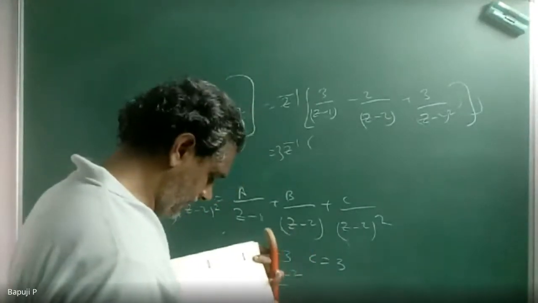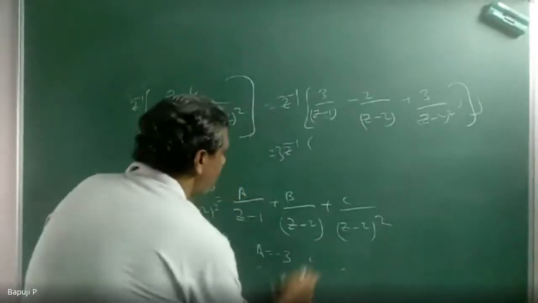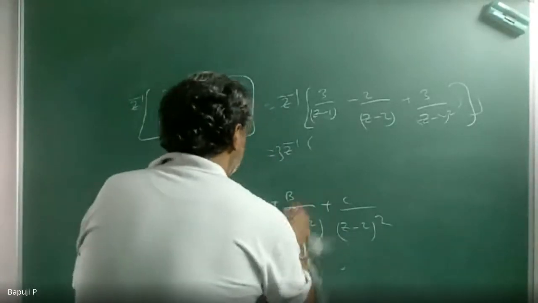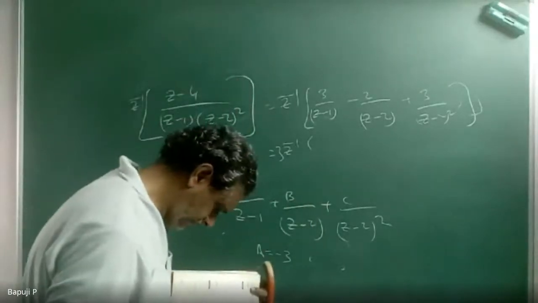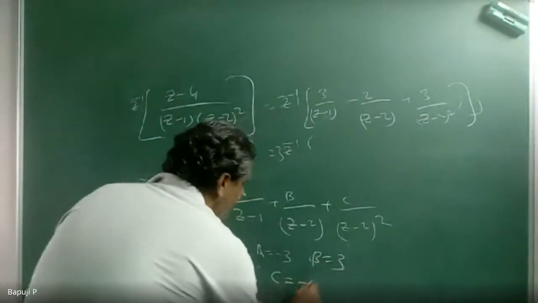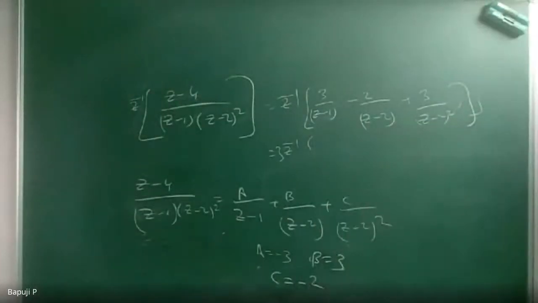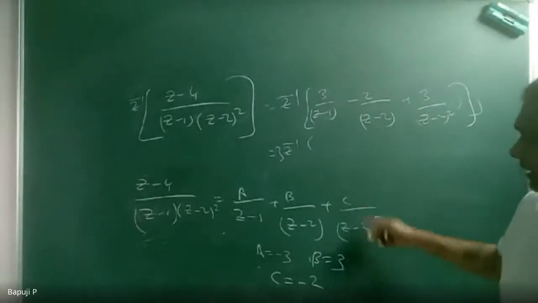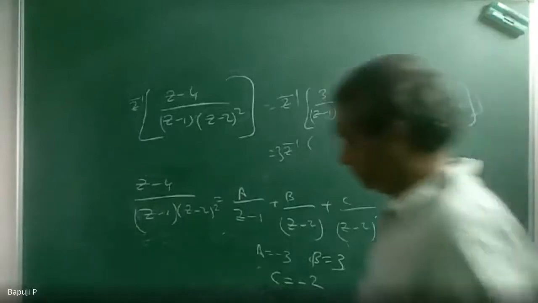B, C is minus 2, correct, because he has taken this as B by something, (z minus 2) square. So B would be 3 and C would be minus 2 for us. Correct. But whatever A, B, C may be, you will get the same fractions. He has taken B by (z minus 2) square, I have taken C by. Okay, thank you, sir.